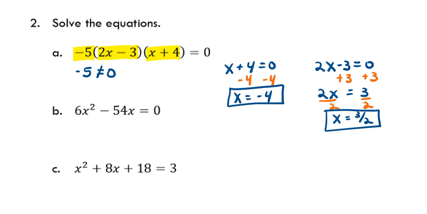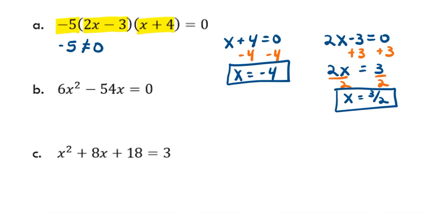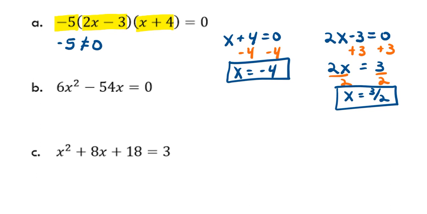All right, our second example is example B, and this one's a little different in that it's not a crisscross problem. Remember, you would need a trinomial to use a crisscross, and our first step in factoring is always a GCF. Here we actually have a GCF of 6x, and if we take that out, we're left with the quantity x minus 9.